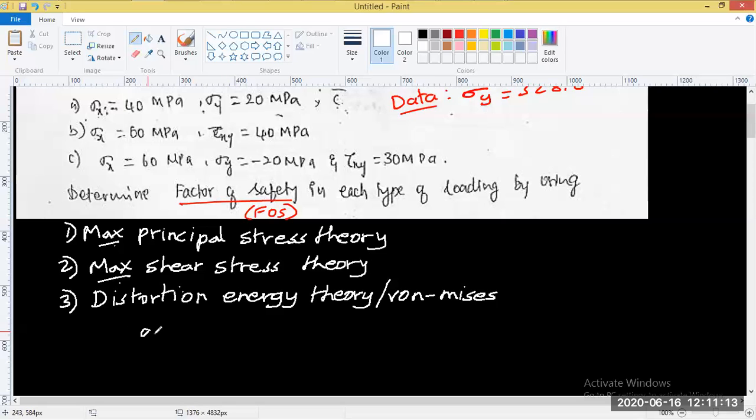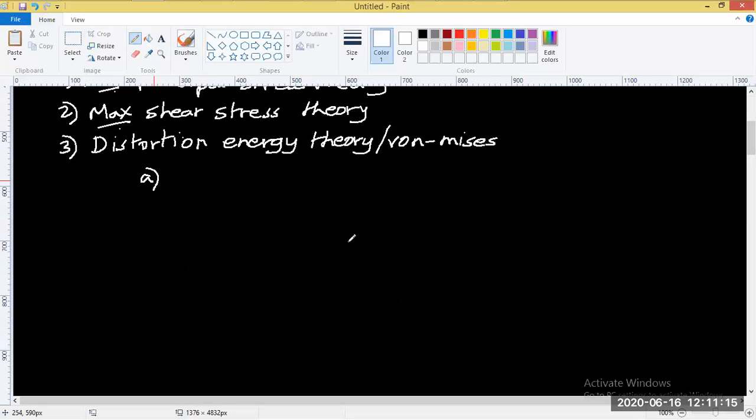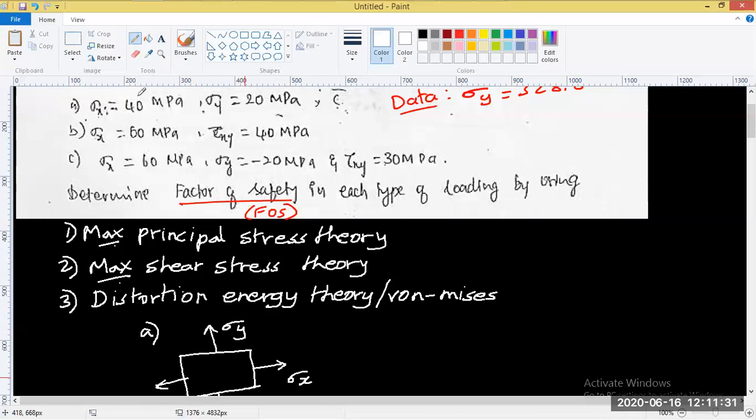Case A, if I want to write it down in a 2D plane, is subjected to a biaxial stress case. So you have sigma x here and you have sigma y, right? In a biaxial case, you have both acting in an axial direction, 40 and 20 megapascal.